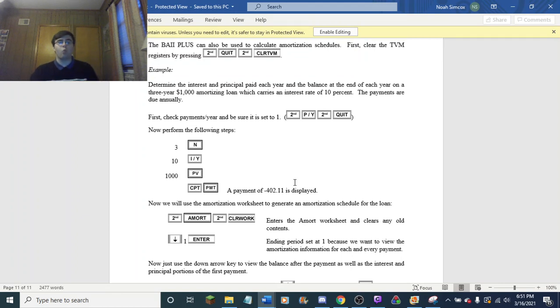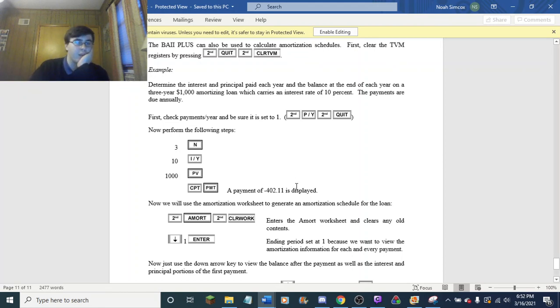They say down 1 enter. Wait, do I have to clear info first? So second clear work. 1 enter. This doesn't make sense.